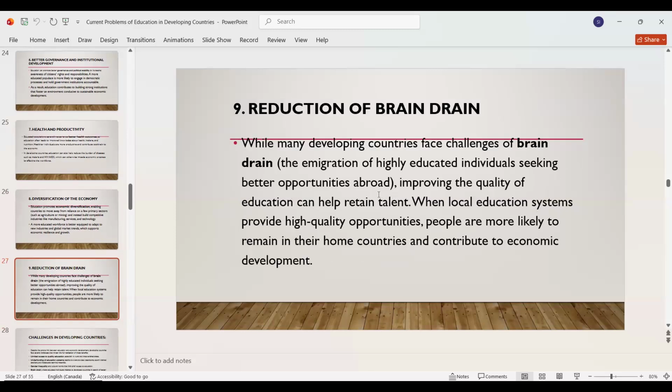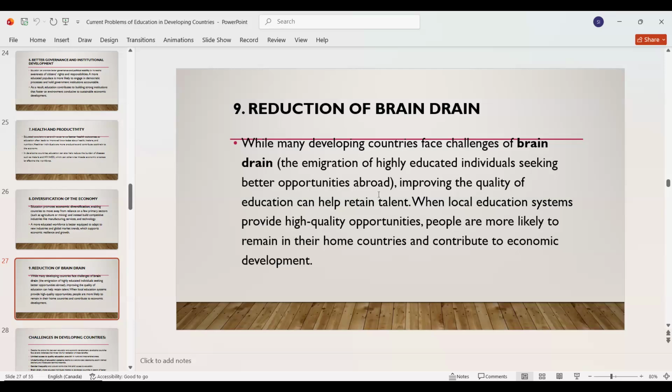Reduction of brain drain. This is happening in Sri Lanka. Most well-educated doctors are leaving the country. Even the professors are leaving. Those who go to do a PhD are not coming back, right?